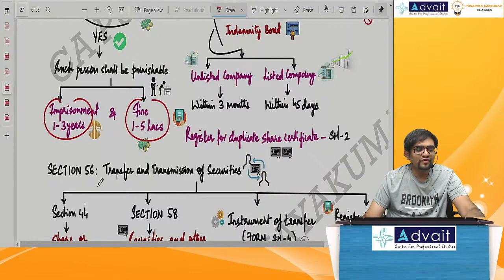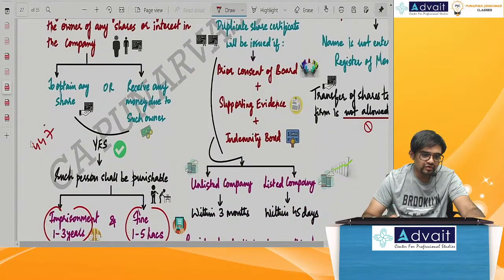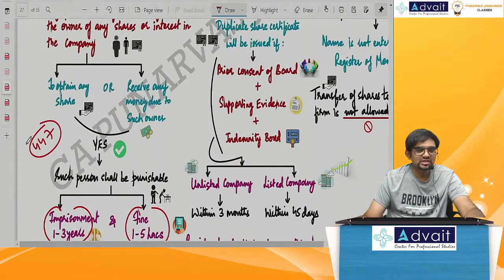In addition, if fraud is proven, you will also be liable under section 447, the dangerous section that we have already seen. That is also very important. You will be liable anyway under section 447.